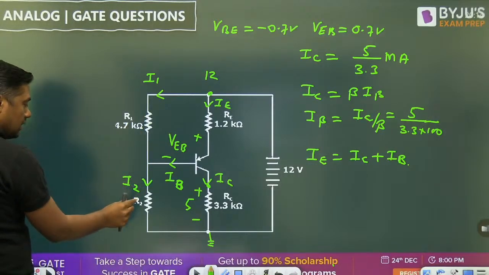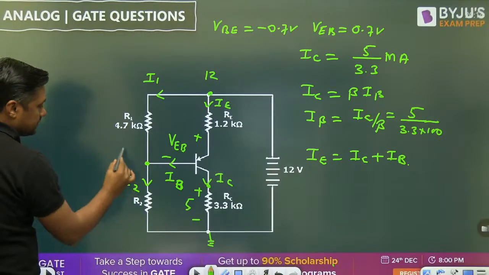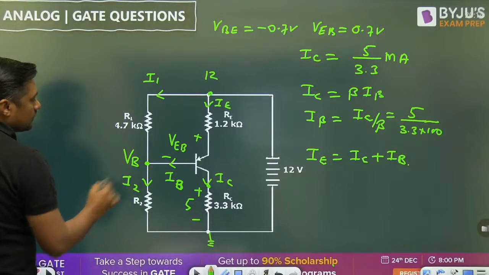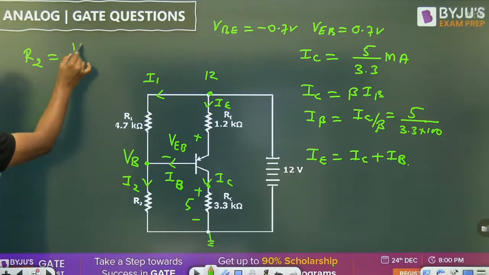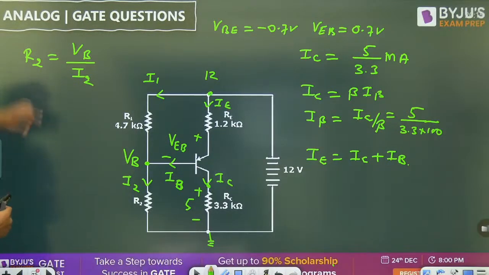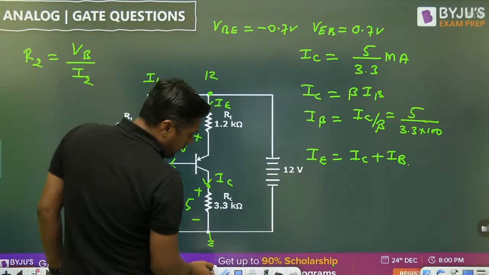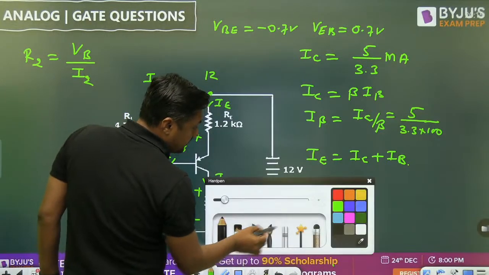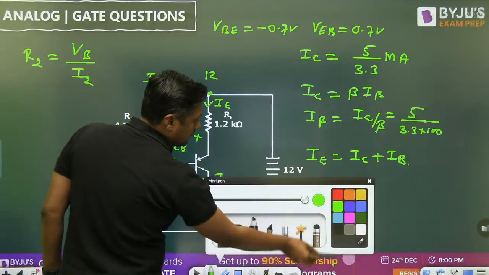Once you get the value of I2 and the voltage at this terminal, then you can find R2. That is the purpose. VB upon I2. Now we have to find the VB and then R2. We can find the VB when we apply KVL here. Where? In this portion.